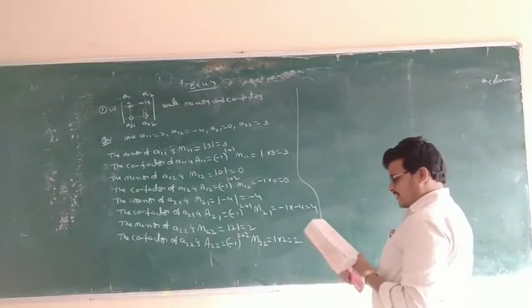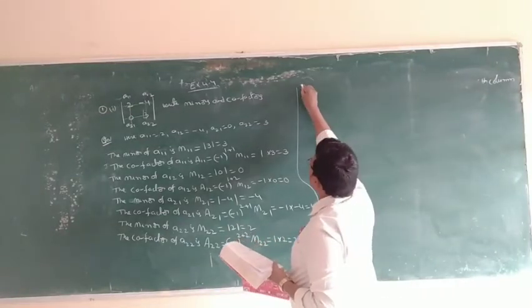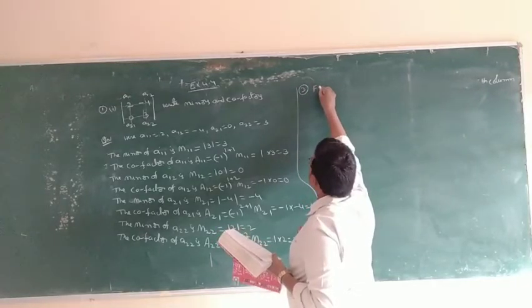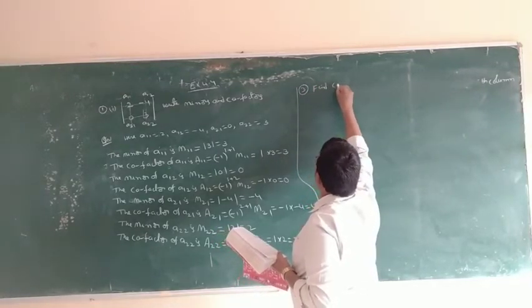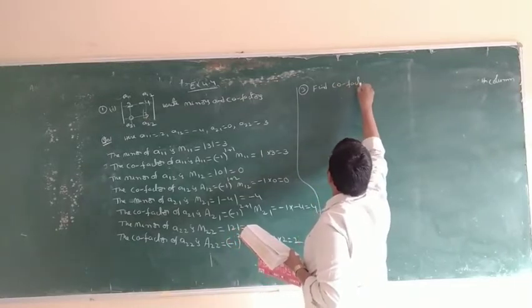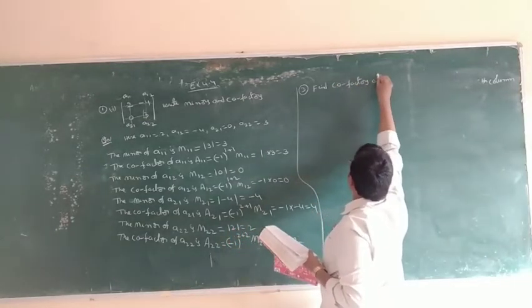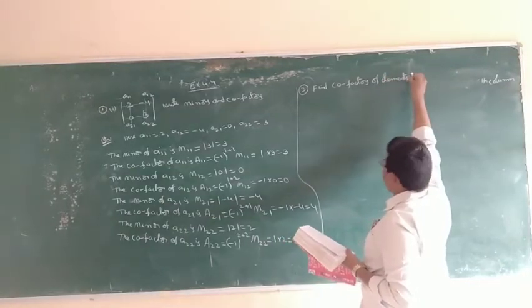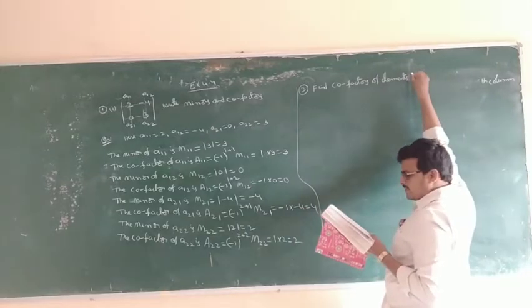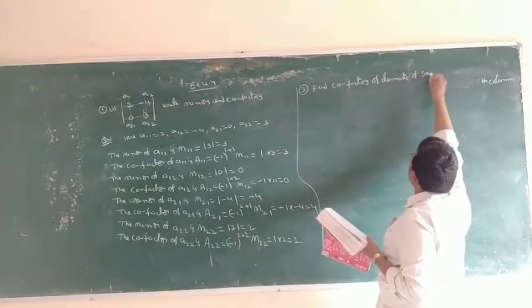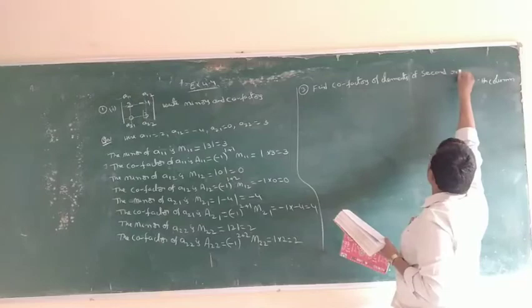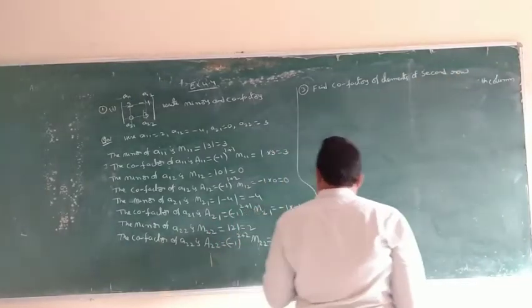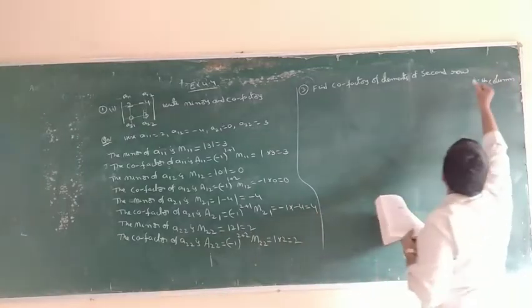Okay, next, third question: find the cofactors of the elements of the second row.